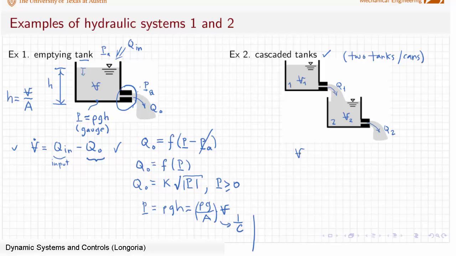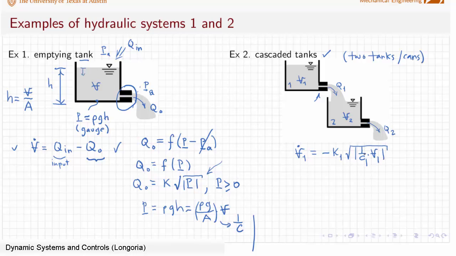You should be able to directly show that the rate of change of volume 1 is really just the same as we had over here, Q. Now it's Q1. We'll use this relationship here, and so we'll write that that's just negative K, and let's use 1 to correspond to the coefficient for that first valve or orifice, times the square root of, as you can see, the absolute value of 1 over C1 times V1.